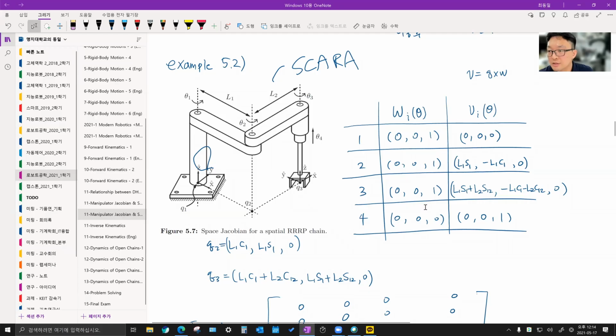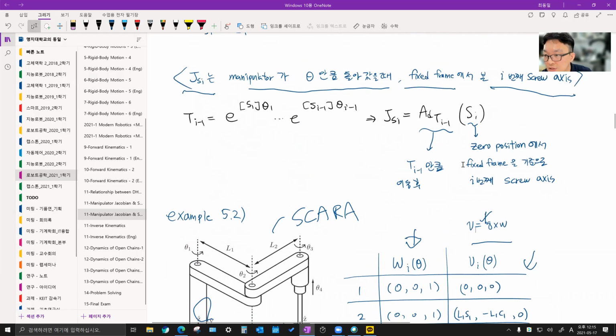And then there is a little bit of difference to find about this one. To find V, we have to multiply Q cross product omega. In case omega is given like this, and about the Q, Q has to be found based on this rule.